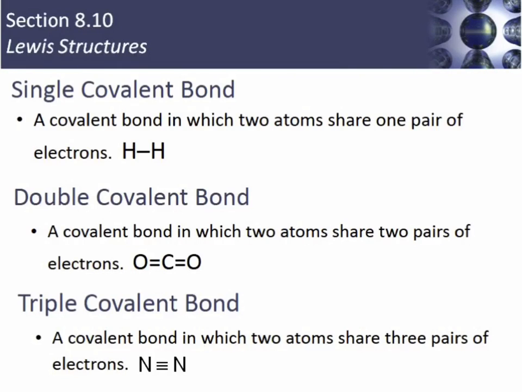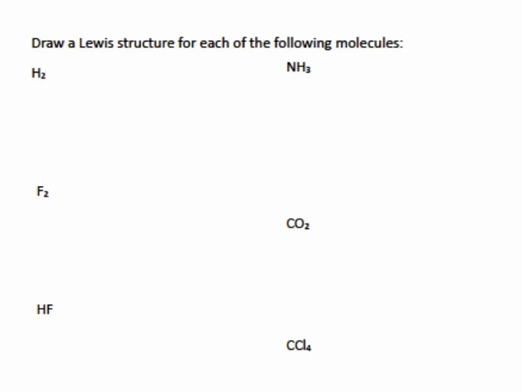So let's go ahead and draw some of these. The first thing we're going to do is hydrogen. So needed, available, shared. How many is needed for each hydrogen to be happy? 2. Each hydrogen wants 2, so a total of 4. How many are available? 2.